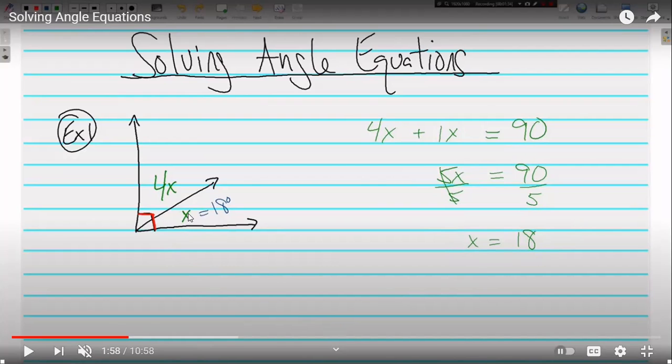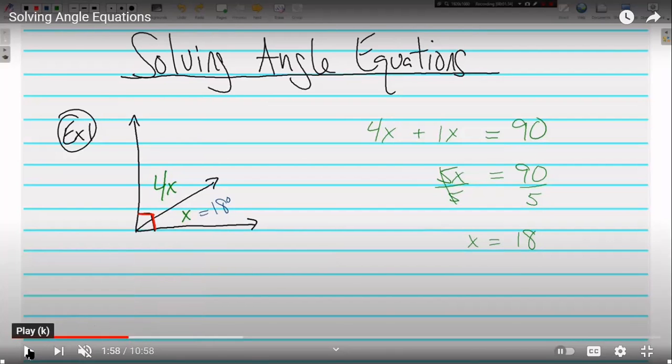We will replace x. What is the value of x? We found the value of x. It was equal how many? 18. So if I want to find the measure for each angle, we have to do what? Multiply. We replace x, which equals 18, and we have 4x, which means 4 multiplied by 18, right?